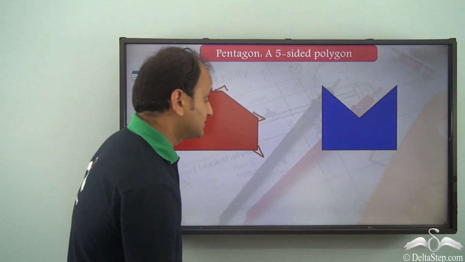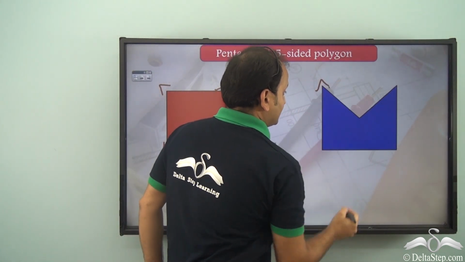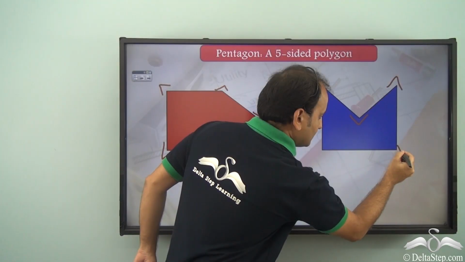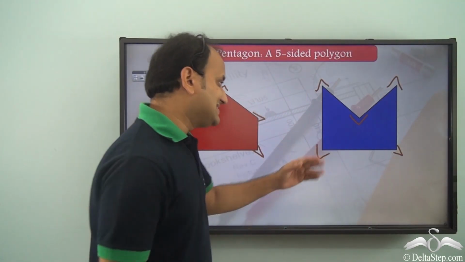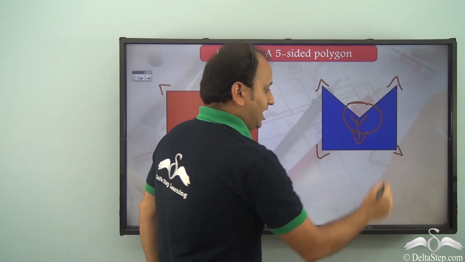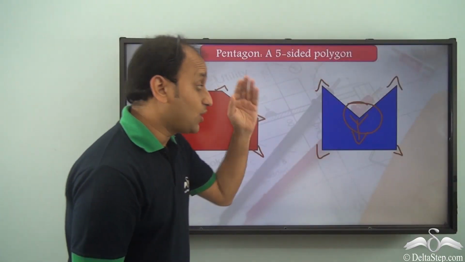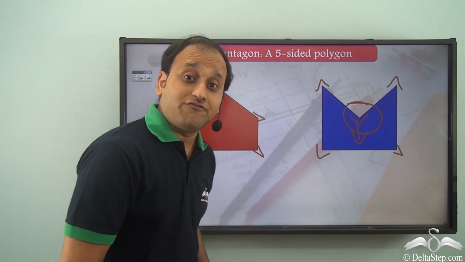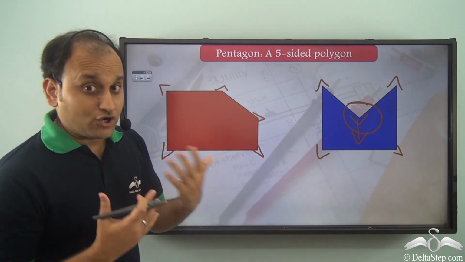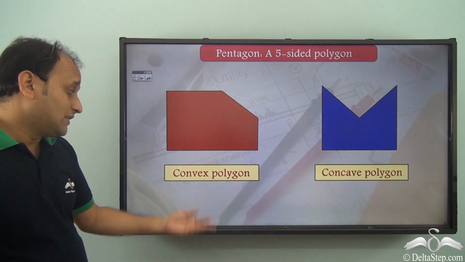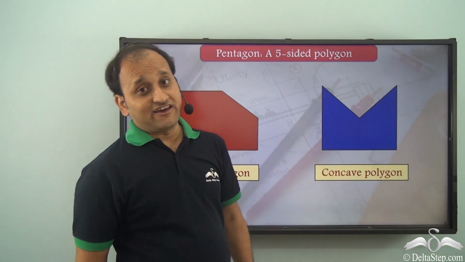What about this? In this case, one vertex is pointing inwards, and that's why this is a concave polygon. Now, what if we produce the sides of this particular polygon? What do we get then? So, we have a convex polygon and a concave polygon.